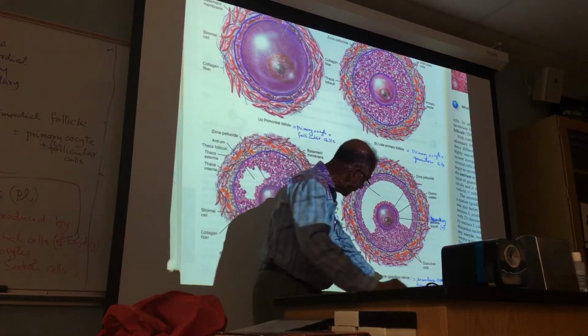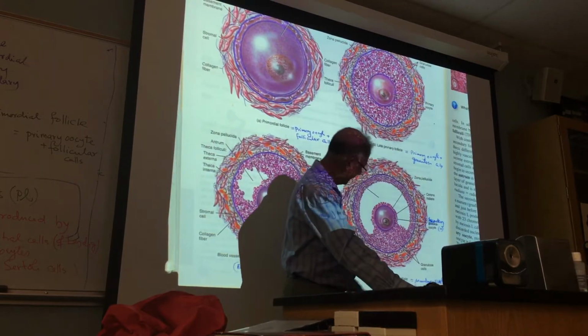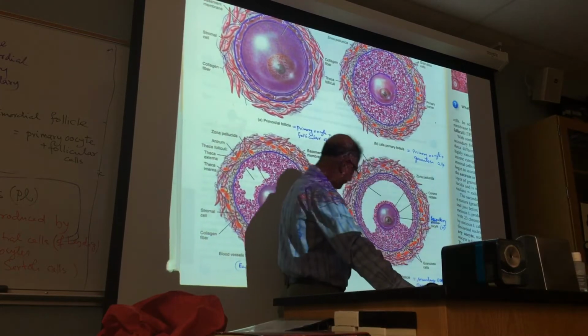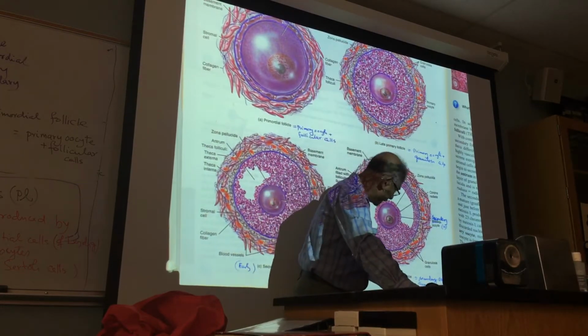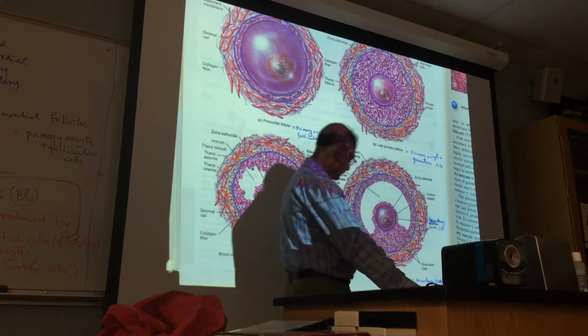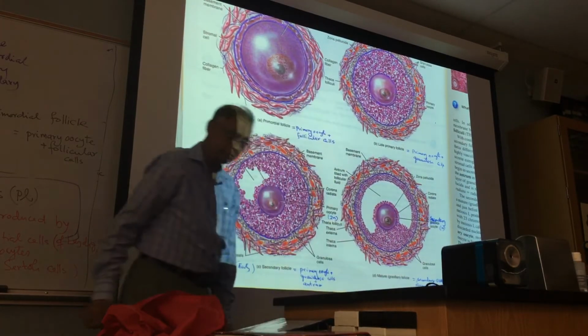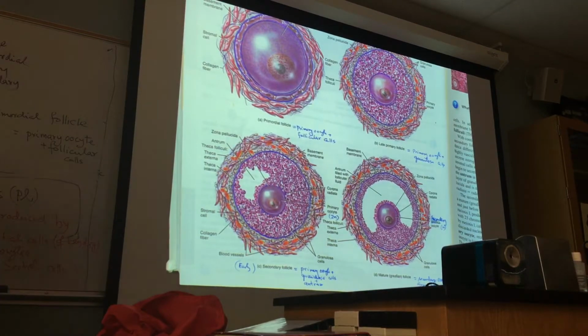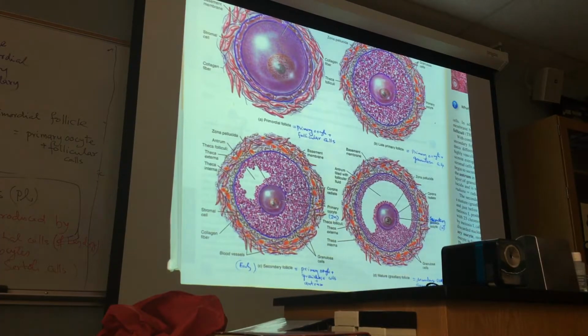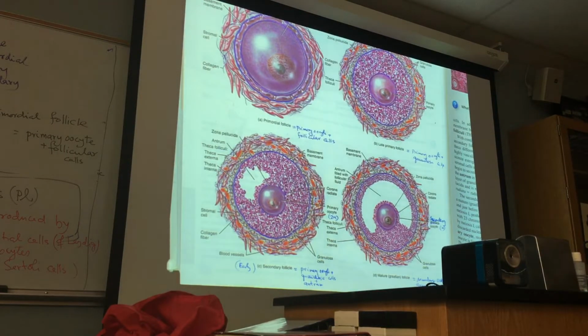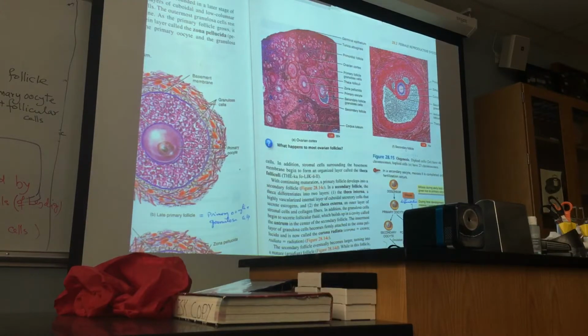So, mature Graafian follicle equals secondary oocyte plus granulosa cells plus antrum. Antrum is very large, containing follicular fluid. All right? Follicles.